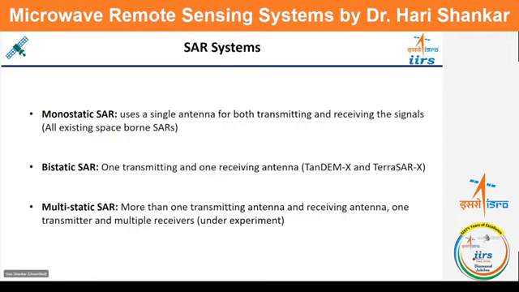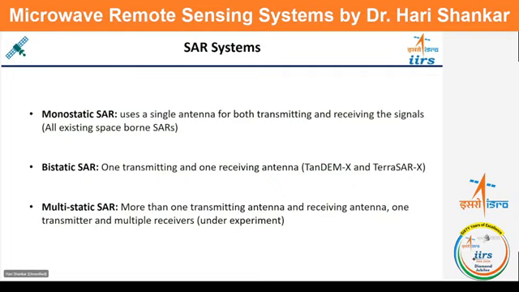Alternately it transmits and then receives signals. This mode of SAR is called monostatic SAR. Mono means single. And bistatic SAR has two antennas, a transmitter and a receiver.